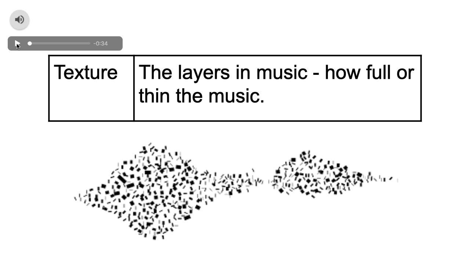Let's listen to this. So thinking about textures, I will probably talk through it. The same piece as before. So this is quite a thin texture, it's just chords, but there are 3 notes in each of the chords. And then more layers. Drums layer, melody layer. Still quite thin, there could be more textures added, like bass, and that little one.